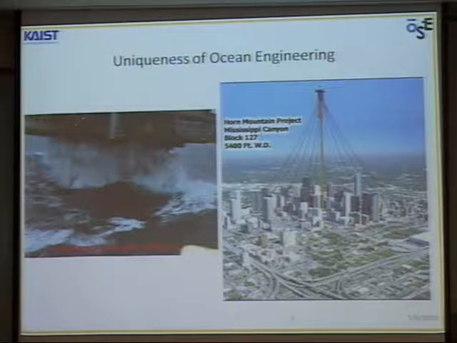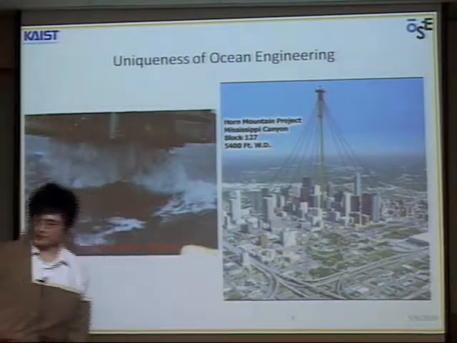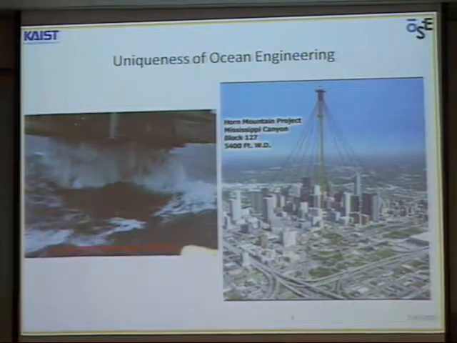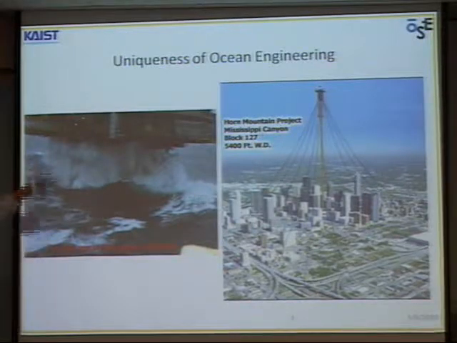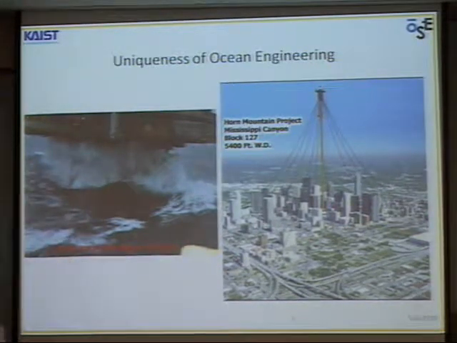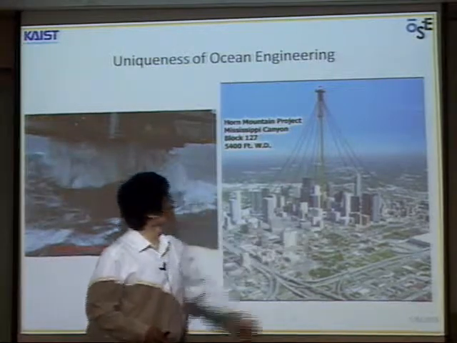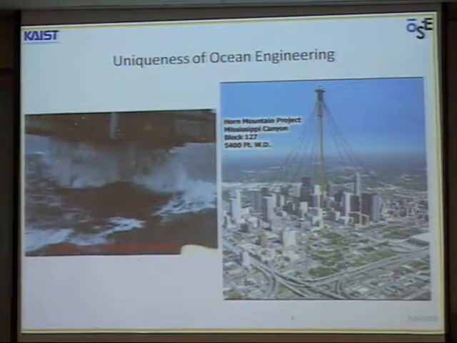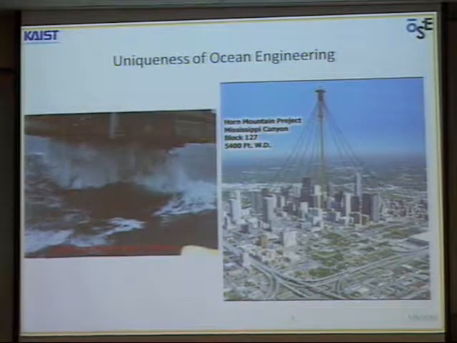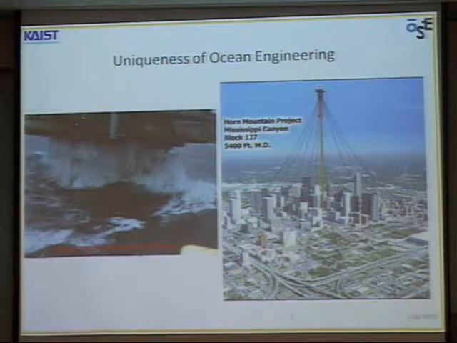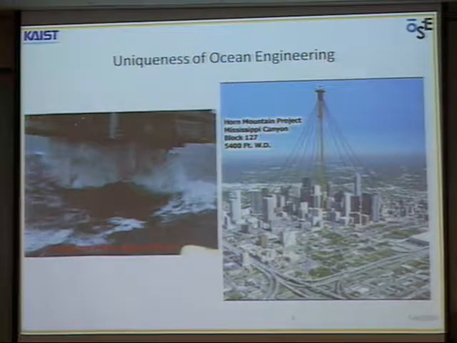Considering the mooring lines, it's typically less than a meter in diameter for about 3,000 meters. It's fairly long, with the mooring lines and the risers in the middle. This is for oil, and on the top you have a processing module. So it's a very complicated problem.